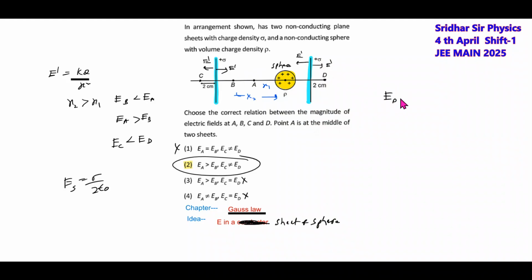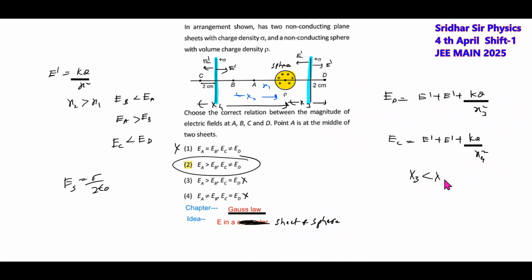The electric field at D is given by E dash plus E dash plus KQ by x3 square. The electric field at C will be E dash plus KQ by x4 square. You know all the things. X3 will be less than x4. So definitely ED will be greater than EC.